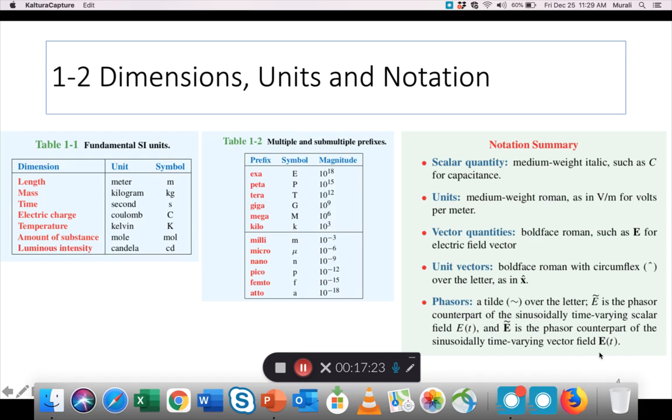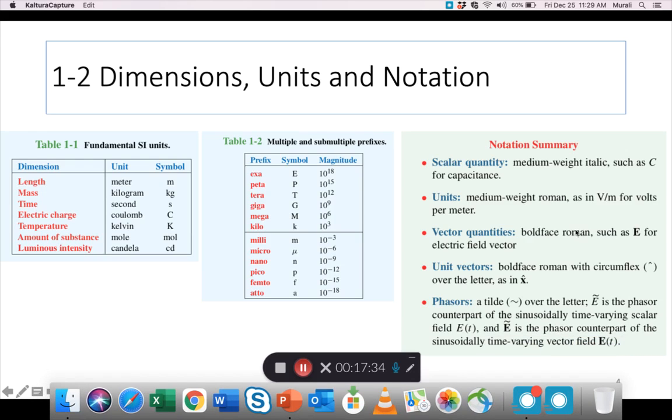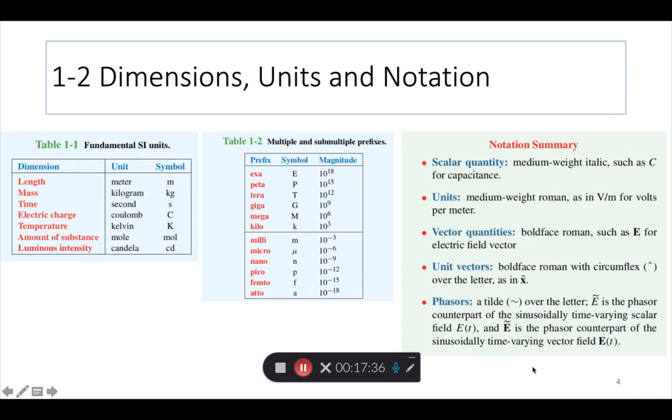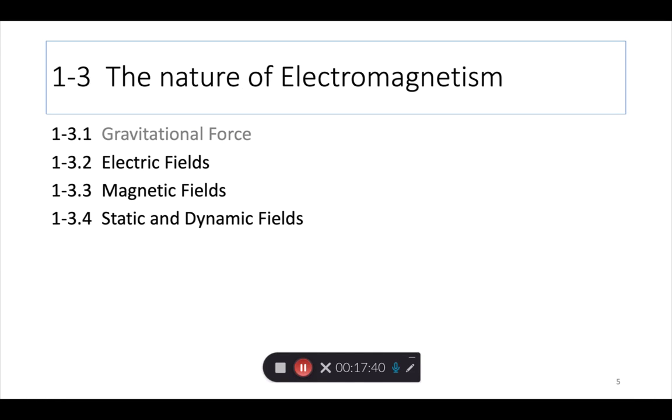So scalar field, vector field, both can have a phasor component. Let's see how this maybe affects us later on. But for now, I'm just going to leave it at this and say that this is how it's shown in the textbook. Okay. With that, we move on to the next topic.